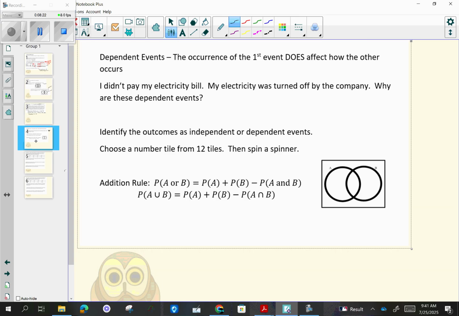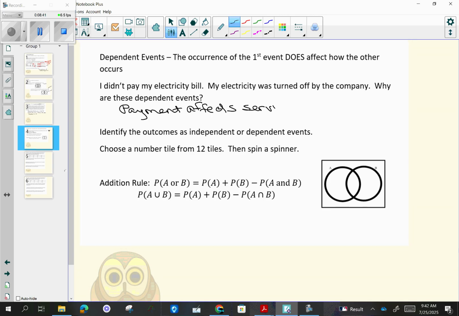Hopefully you looked at it as if you pay, the electricity doesn't get turned off. If you don't pay, it does. So payment affects service. So the one is dependent on the other. Service only happens if there's payment.